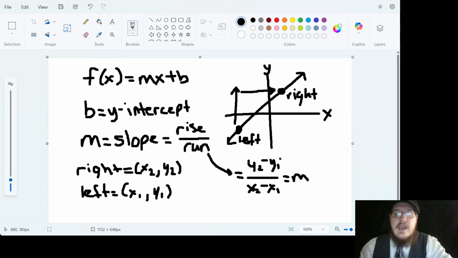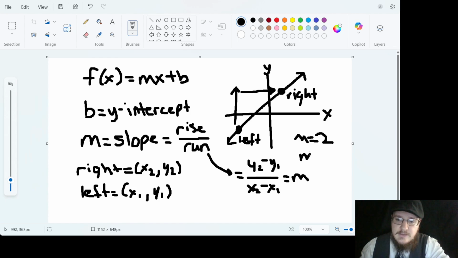Okay? Now, sometimes your slope is not going to be written as a fraction. It's just going to be written as a whole number. So say we have m equal to 2.